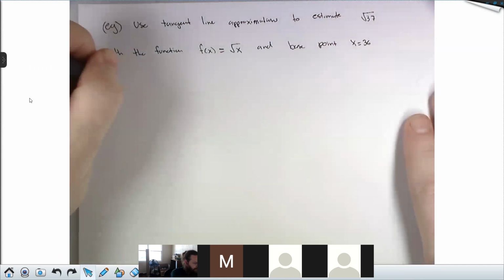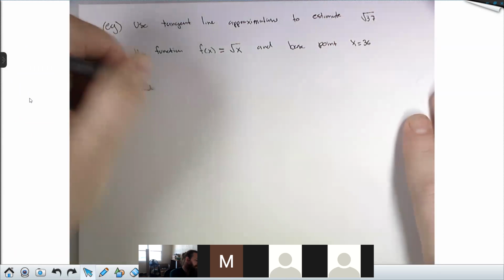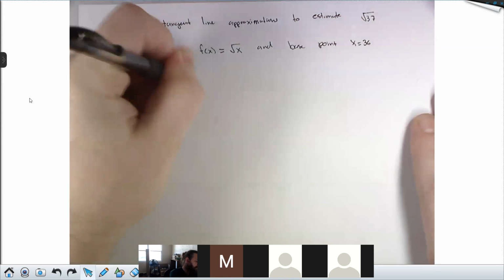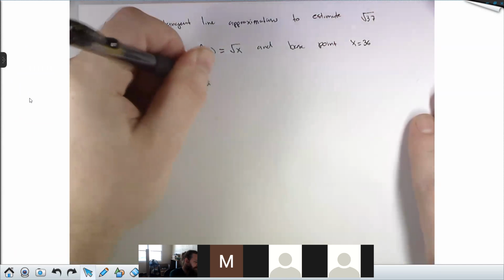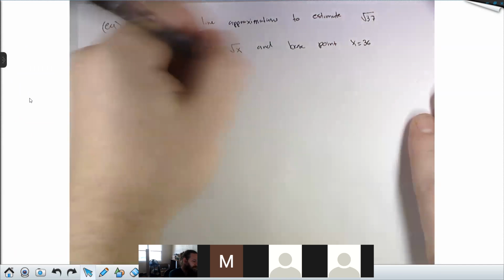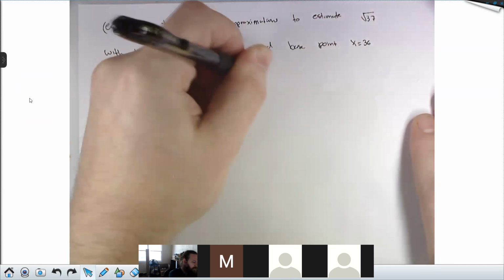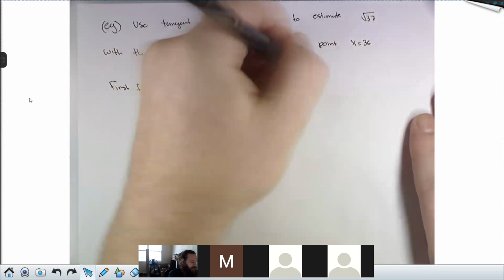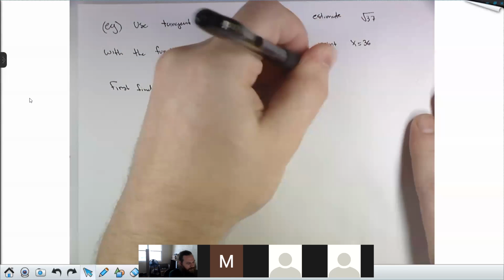First, find the tangent line to f of x at x equals 36.